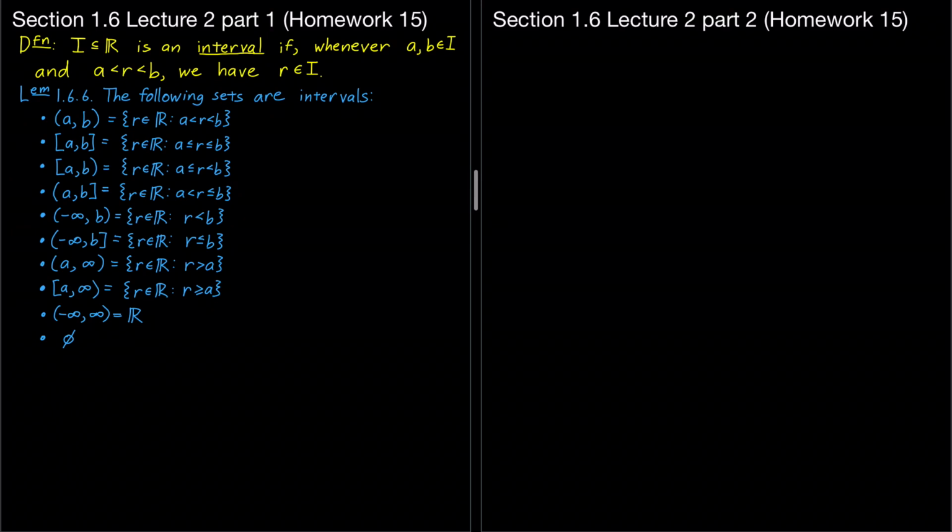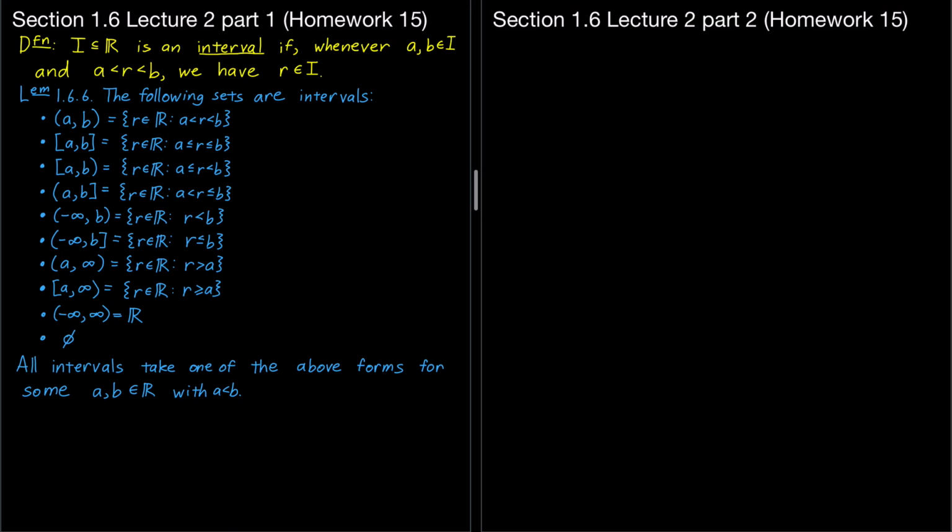And then furthermore, all intervals take one of the above forms, for some A, B real numbers with A less than B. So that's really what we need to prove.